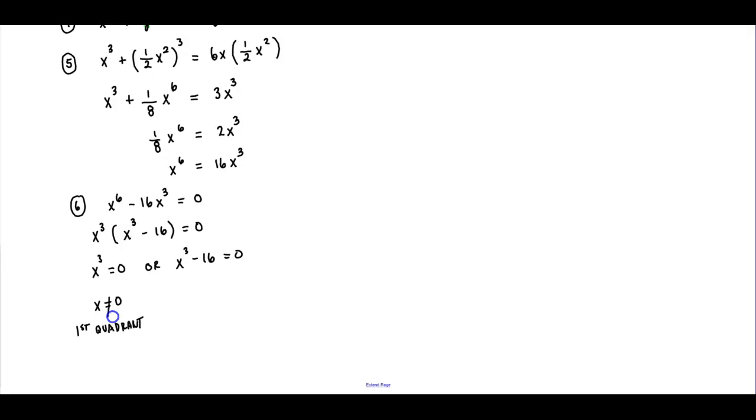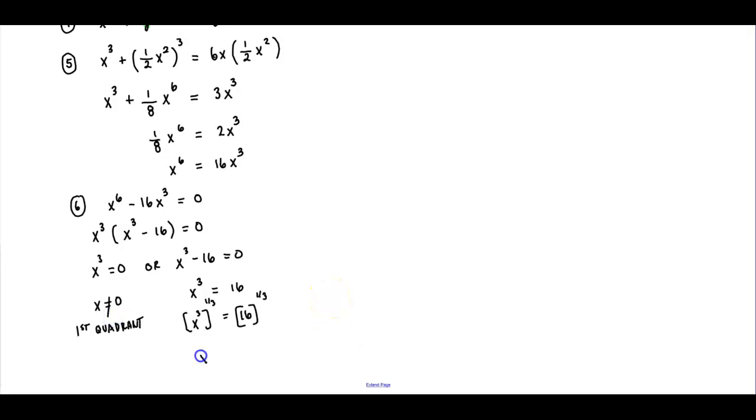So we're going to look at x cubed and set that equal to 16. If we take the cube root of both sides, which means raising x cubed to the 1/3, that equals 16 to the 1/3.